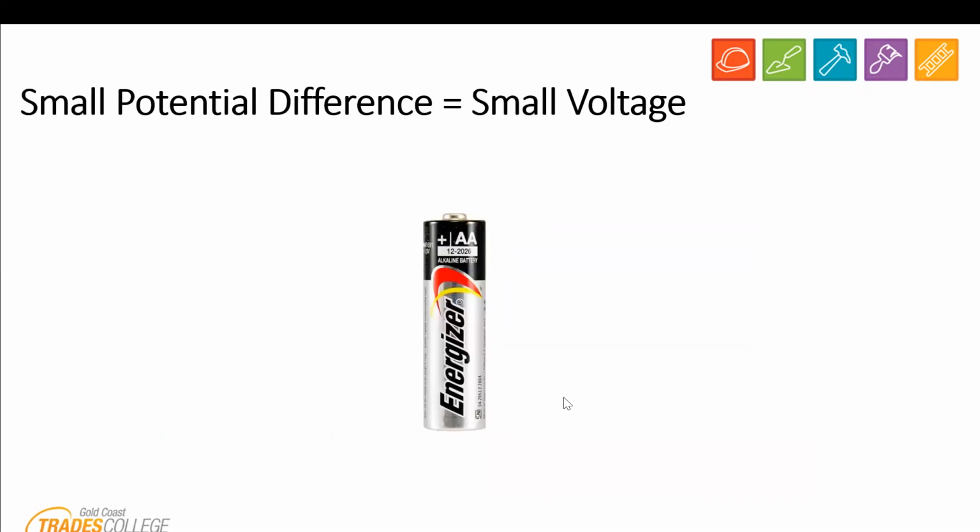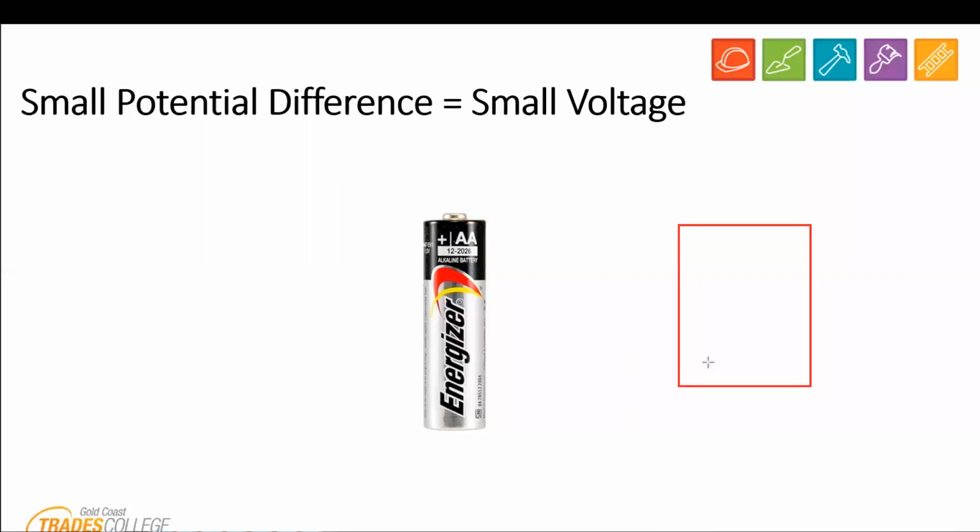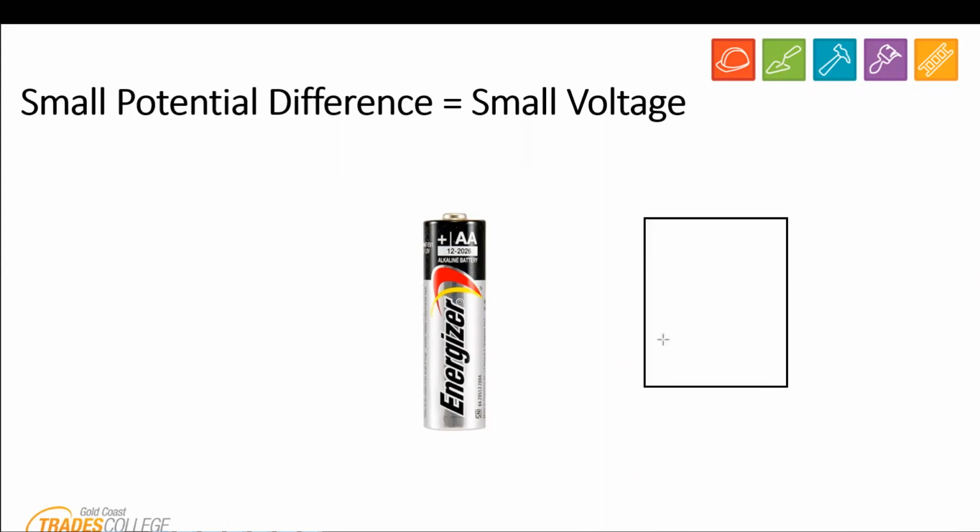Same principle, but this now is a AA battery. You can see on the AA that the positive is at the top, negative is at the bottom. Even if you guys do know this, when you're measuring voltage with a simple battery like this, remember that we're measuring the difference from one side to the other.